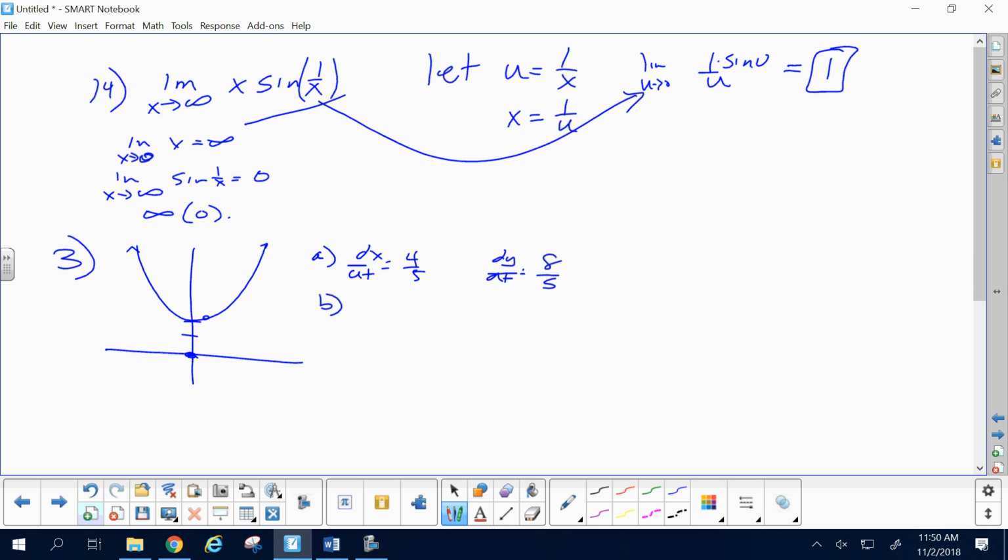It seems like, because dx/dt is positive and dy/dt is positive, that distance is increasing at that instant when it's at (1, 3). But we'll see.